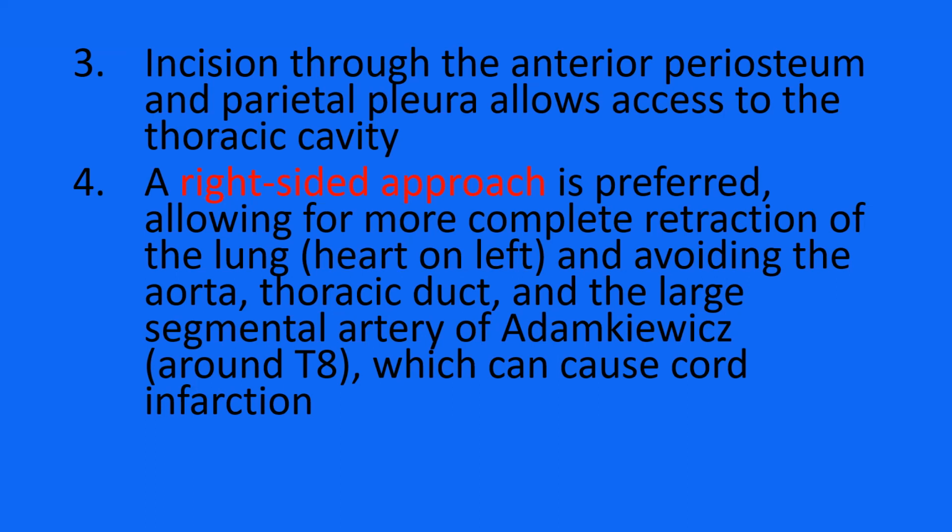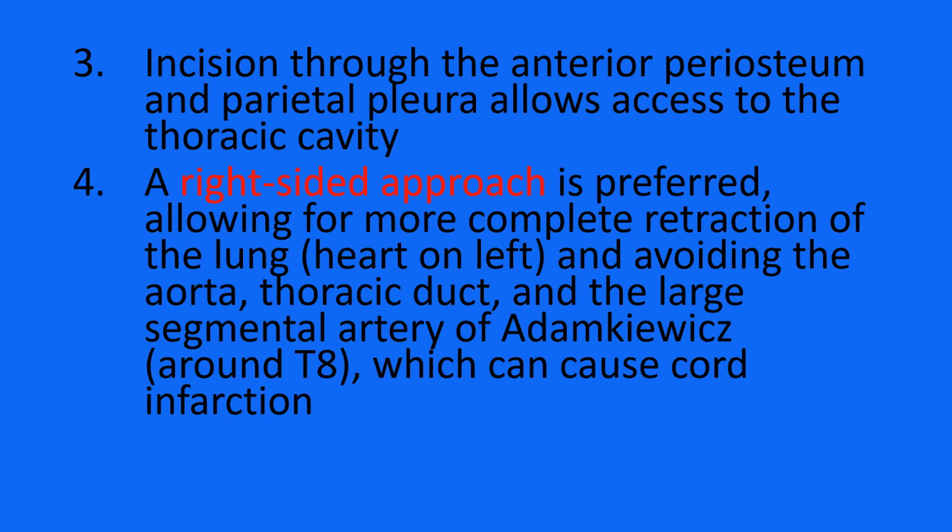A right-sided approach is preferred, allowing for more complete retraction of the lung, avoiding the heart on the left, the aorta, the thoracic duct, and the large segmental artery of Adamkiewicz. This is present at the level of thoracic 8 on the left side.